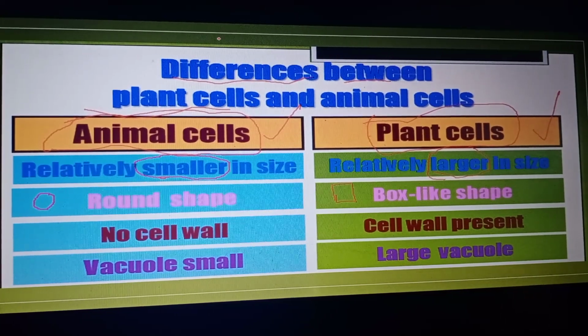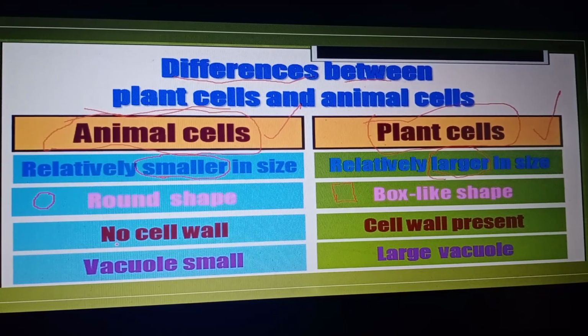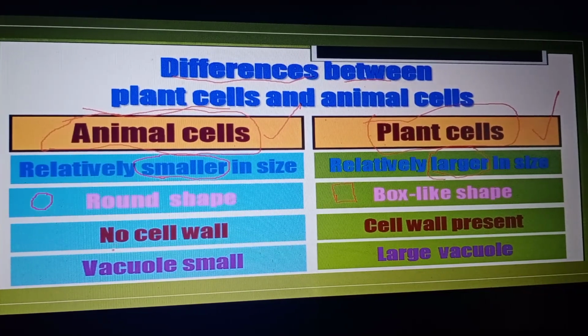Now, the other characteristic in which they differ from each other: no cell wall in your animal cells. Animal cells have no cell wall. They don't have a cell wall, and plant cells have a cell wall. You can see the cell wall in the plant cell. Just like we're going to draw in this example, this is your plant cell.